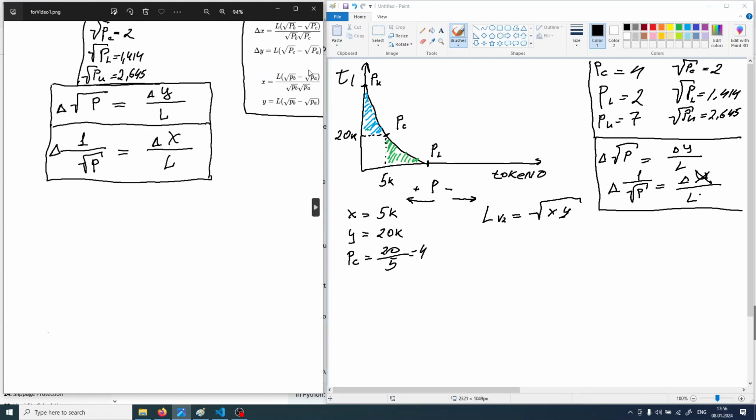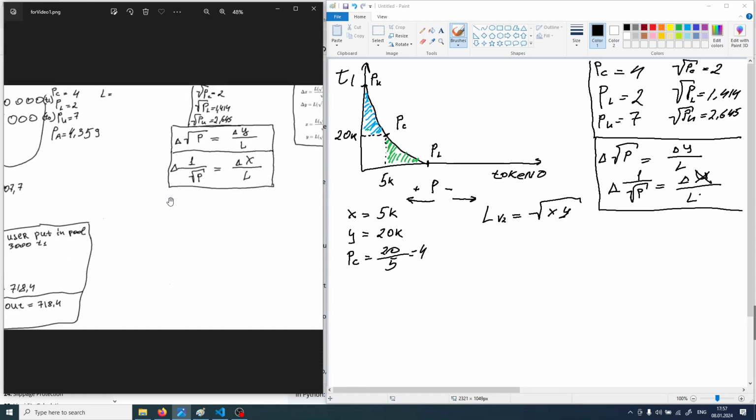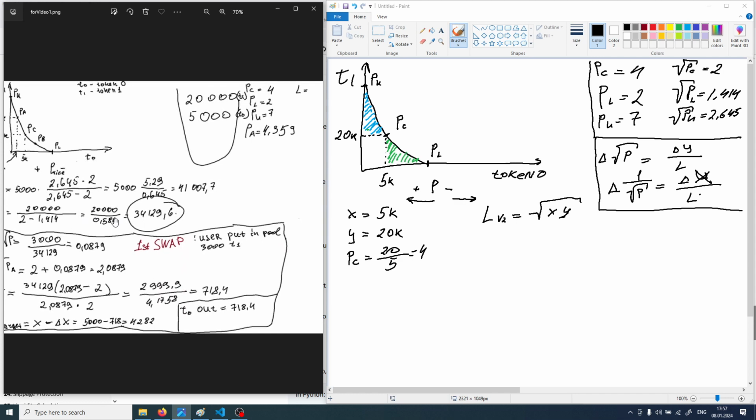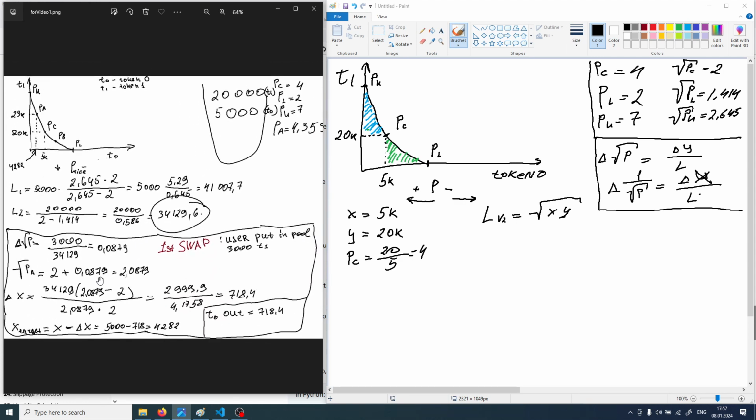So we use this formula to calculate liquidity. Okay, I did this already here, and we can see that for 5,000 we calculate liquidity 1, and it will be 41,000.